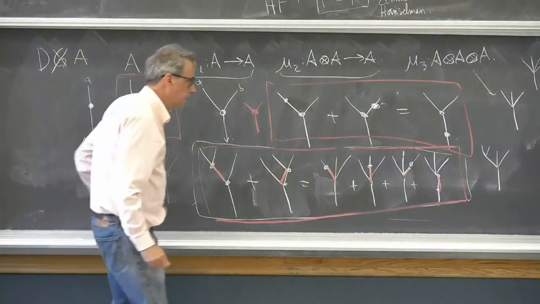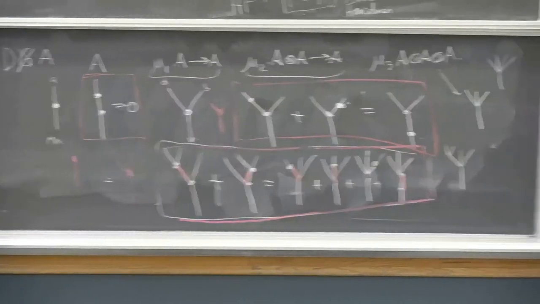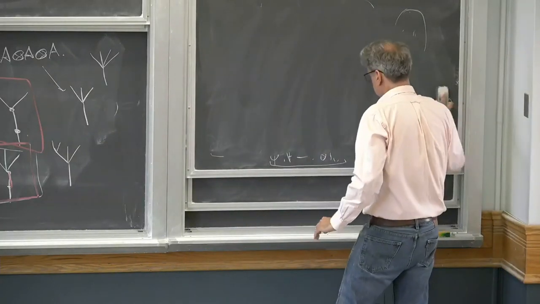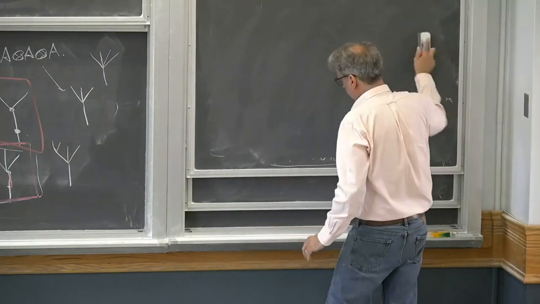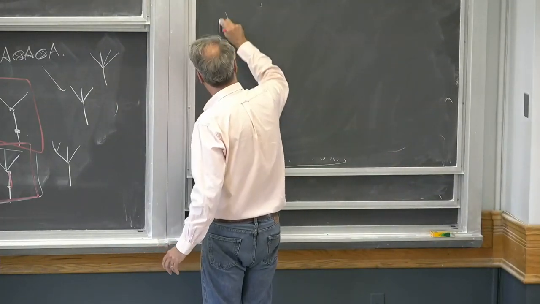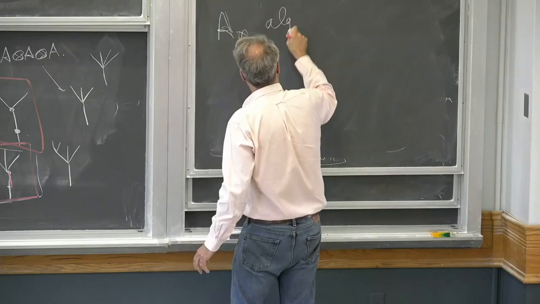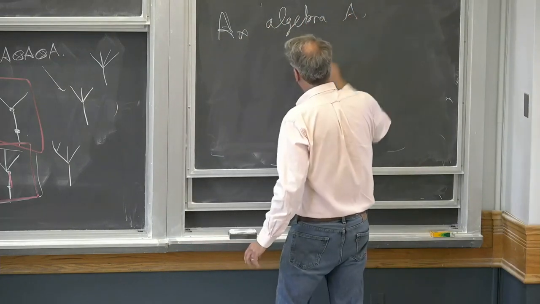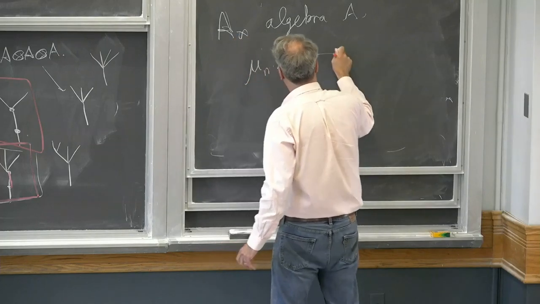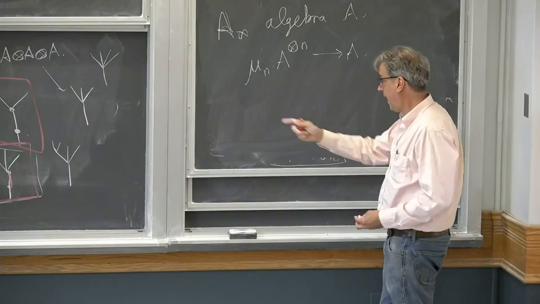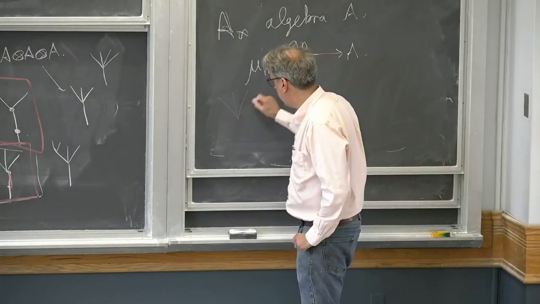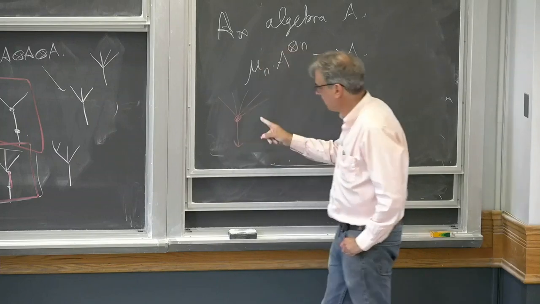And now that tells you what the relation ought to be in general. So an A-infinity algebra is a vector space A equipped with a sequence of maps mu n from A tensored with itself n times into A, which satisfy a sequence of relations, the A-infinity relations, one for each of these, which are called corollas.